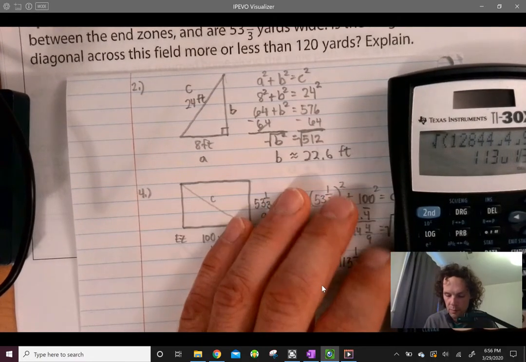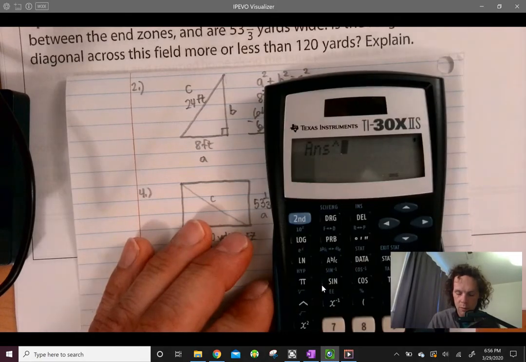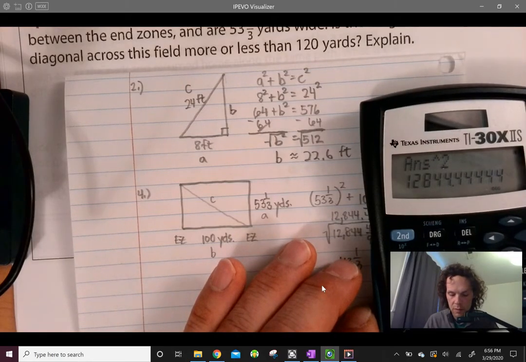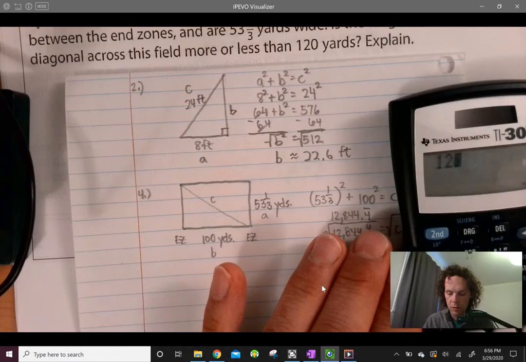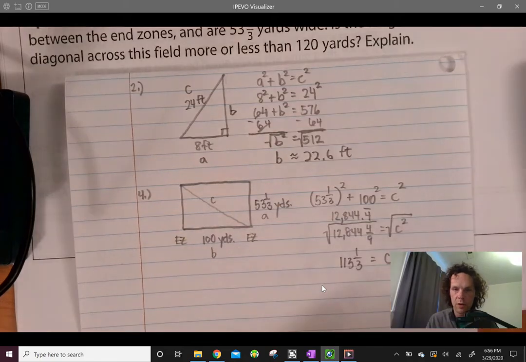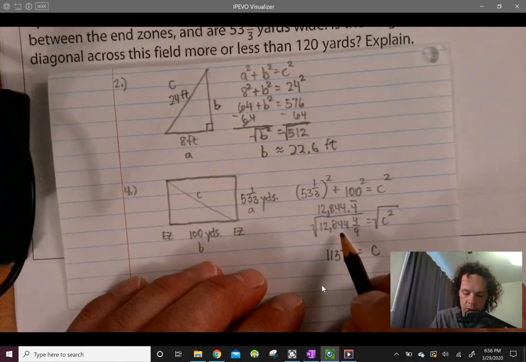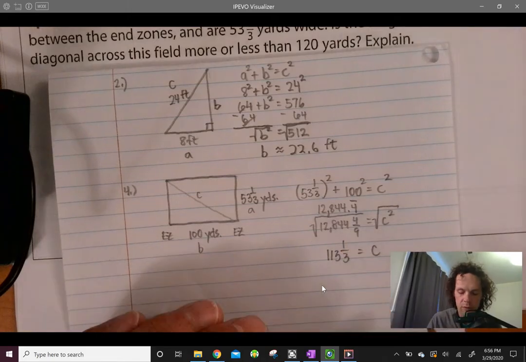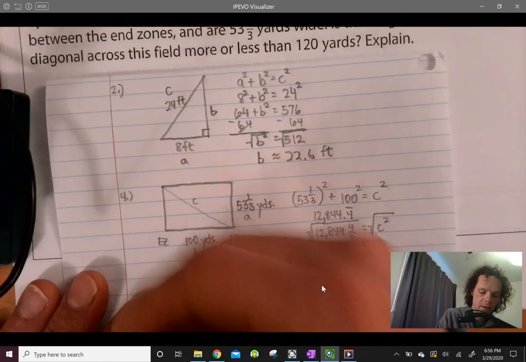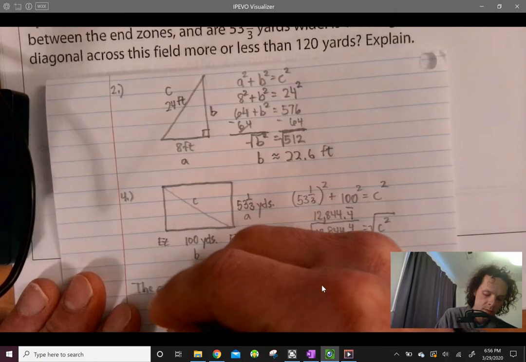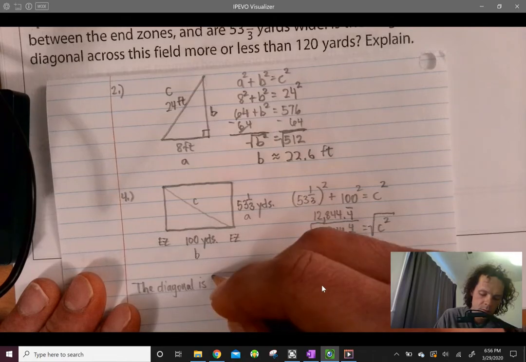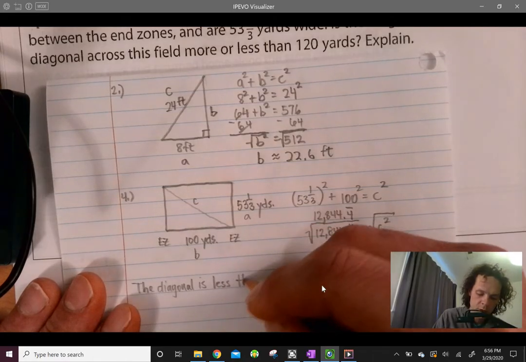Well, let's raise that to the power of 2. So if we did 120 to the second power, it's 14,400, which is greater than 12,844 4/9. So the answer is the diagonal is less than 120 yards.